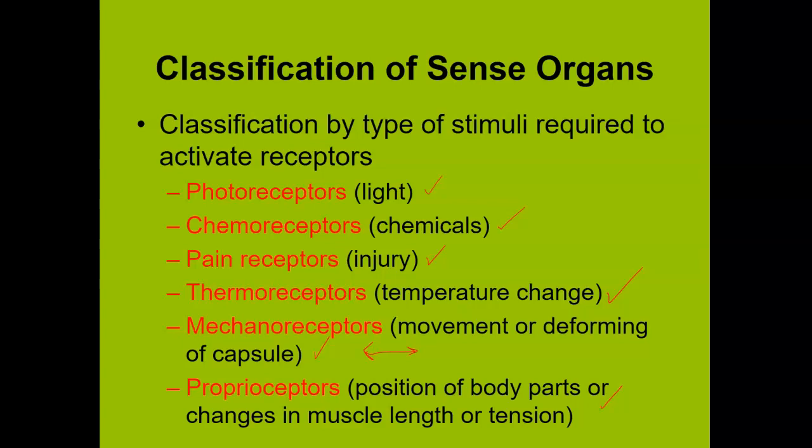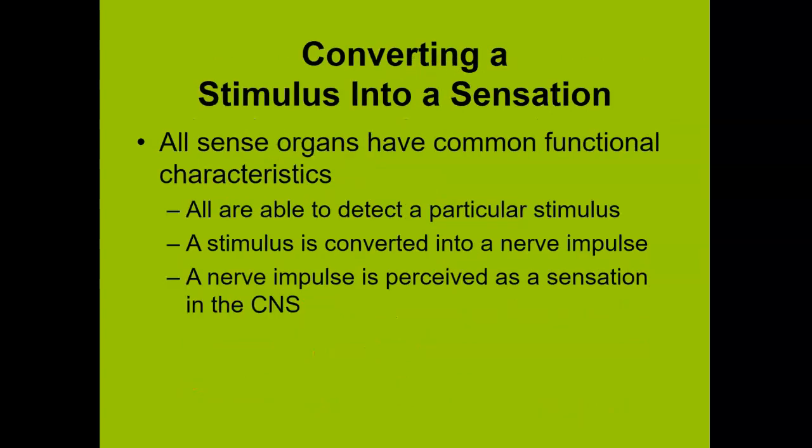Now, if you make a muscle, the proprioceptors are going to start firing differently, telling your brain, oh, I'm holding my hand up in a muscle form. So those are proprioceptors, giving your brain an idea of where your body is in space.